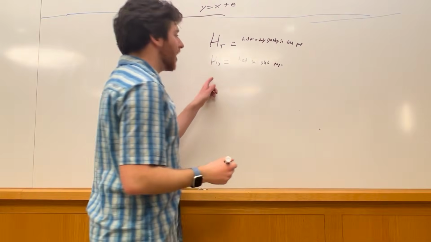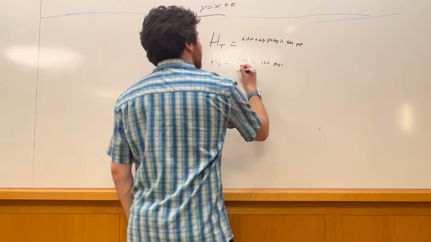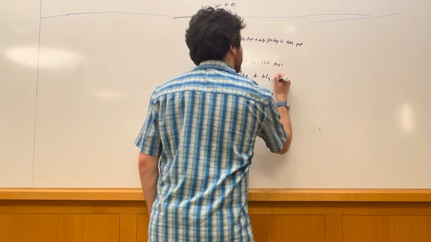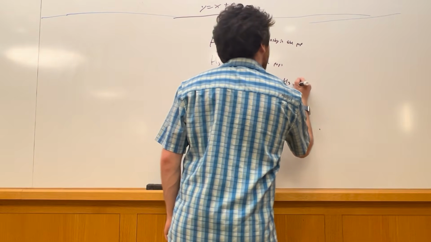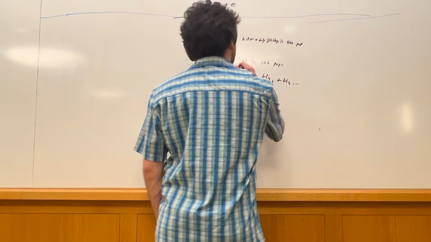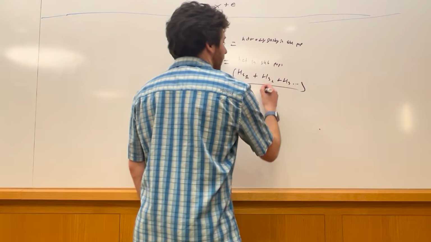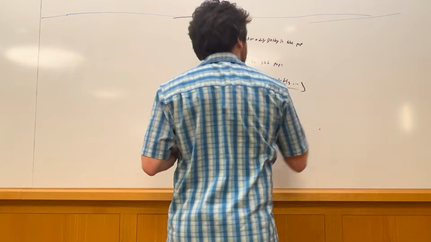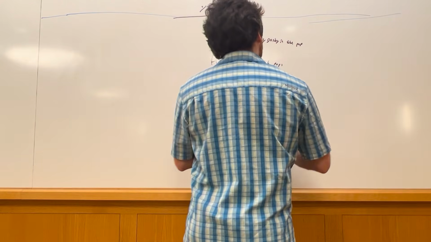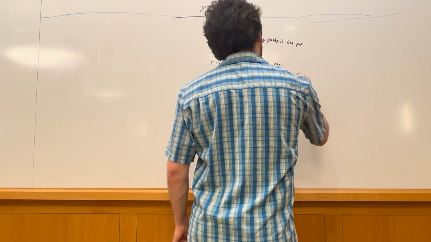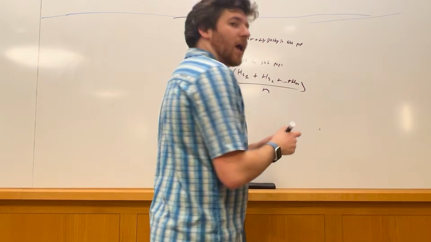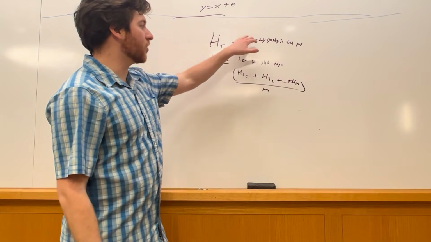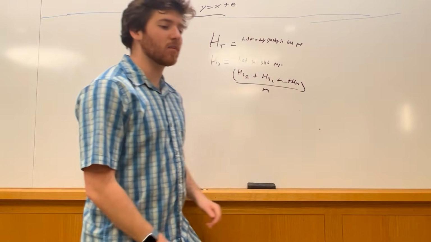You can think of that as HS1 plus HS2 plus dot dot dot plus HSN, divided by N. So we're averaging over the heterozygosity. So what is the heterozygosity in the total versus the average heterozygosity in subpopulations?